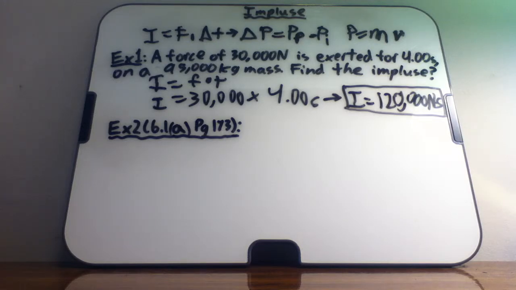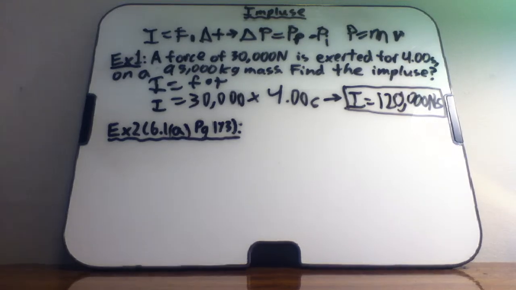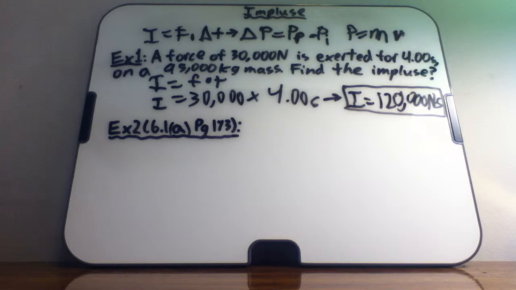The force on the ball varies from 0 when contact is made up to some maximum value when the ball is maximally deformed, and then back to 0 when the ball leaves the club, as in the graph of force versus time in figure 6.1. Assume that the ball leaves the club face with a velocity of 44 meters per second. Find the magnitude of the impulse due to the collision.